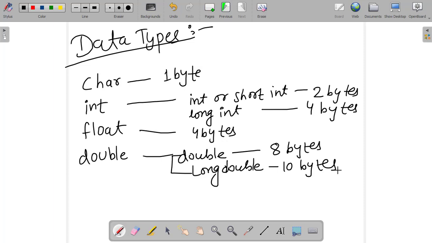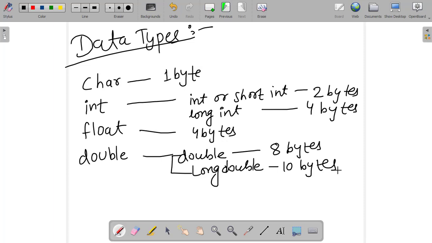Please understand very carefully what data types are. Data types means the type of data which we want to store in the computer. Please listen again: data types, the type of data which we want to store in the computer.